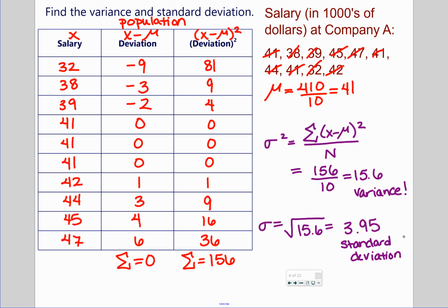That means if I am within 1 standard deviation of my mean, I'm about 4 units higher or lower than that average. Or if I'm within 2 standard deviations of my mean, I'm about 8 units above or below my average. That's what that tells me. It tells me how far spread out my data is.